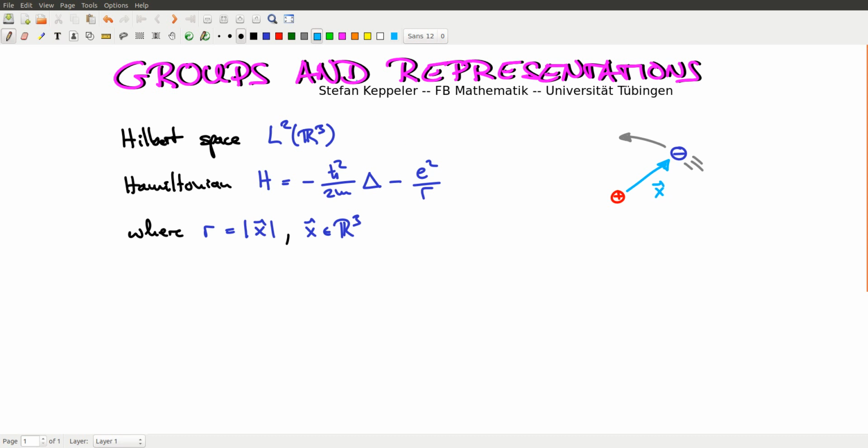So this attractive force between nucleus and electron depends only on the distance, but not on the direction. So there's a symmetry. The system is symmetric under rotations and, if you like, also under reflections. O3 would be the symmetry.